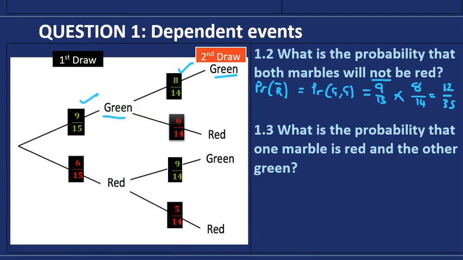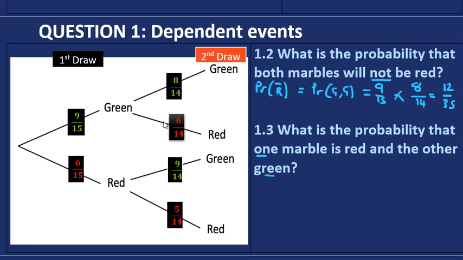All right, 1.3. For 1.3, we're looking for the probability that 1 marble is red and the other marble is green. So we're basically looking for 1 red and 1 green.